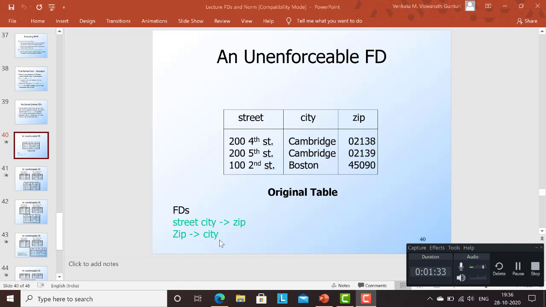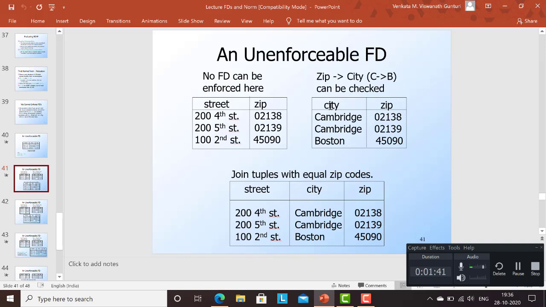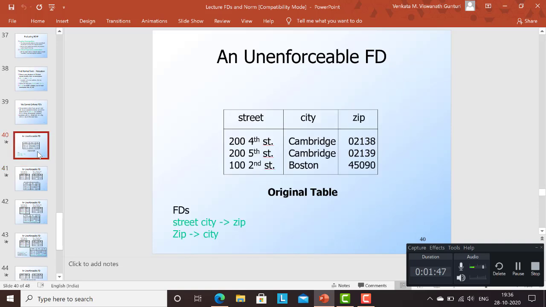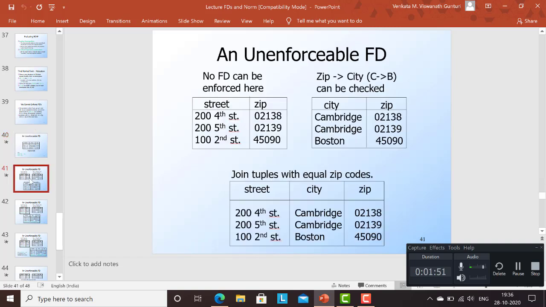This FD causes trouble. So you perform the decomposition of this table, and you get two tables: city and zip, and street address and zip code, right? All the original addresses from the original table nicely filter out into these two child tables.